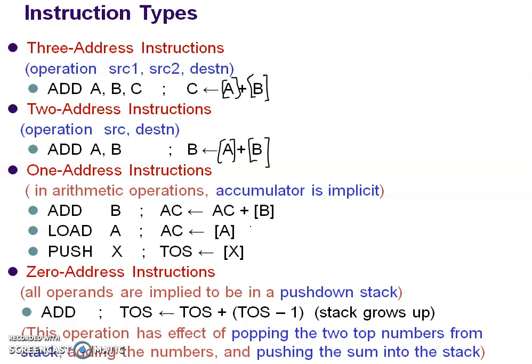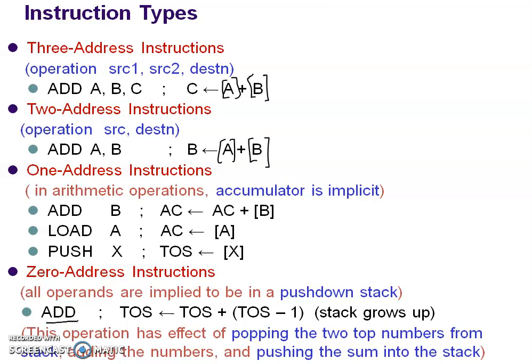For example, add B. Here AC indicates the accumulator value, so AC plus content of B register with respect to this instruction. Here AC is given implicitly and need not be specified in the instruction. Such an instruction which has 1 operand comes under the category of 1 address instruction. Then 0 address instruction will not be having any operands.